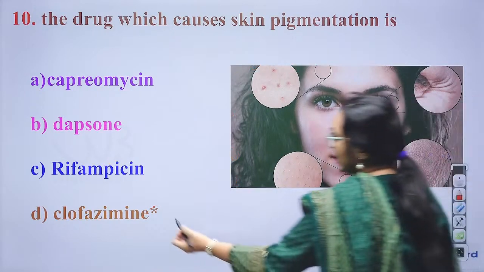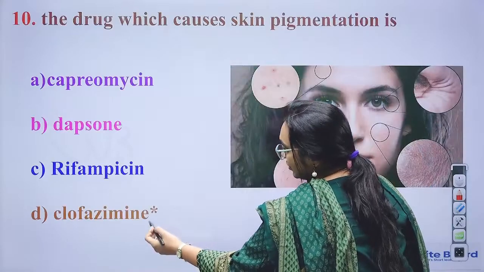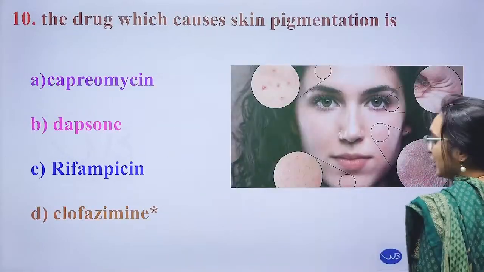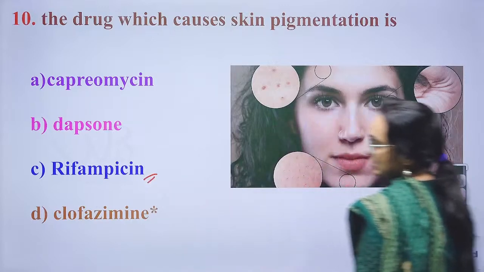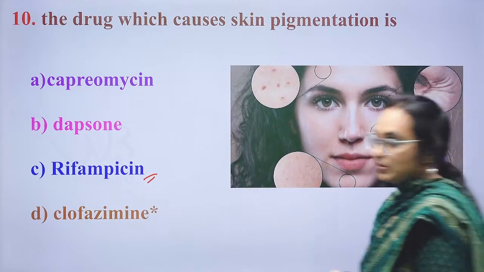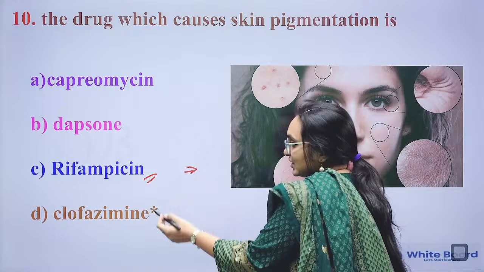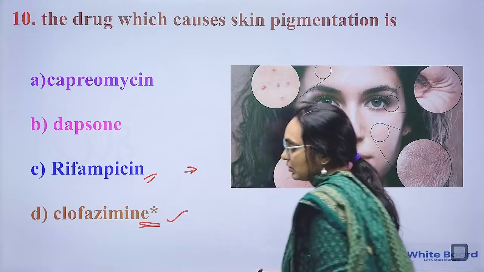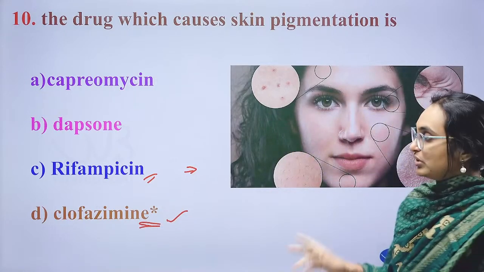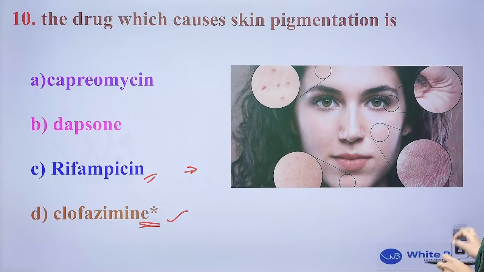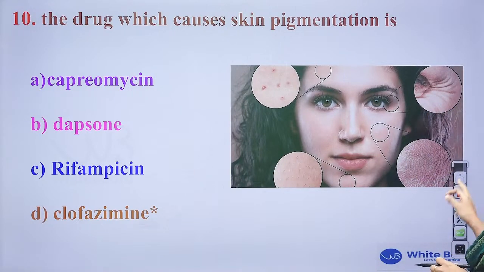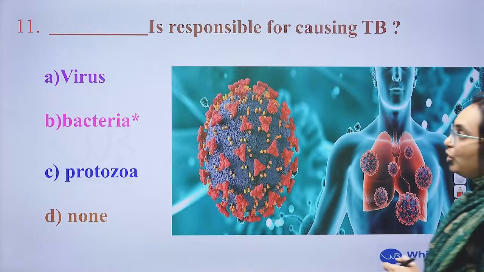Mostly the answer here will be skin pigmentation, so it is clofazimine. Body fluid coloration is by rifampicin, but for skin coloration as per the question directly, it is clofazimine. So, answer here is D. But rifampicin is also responsible for coloration of body fluids.